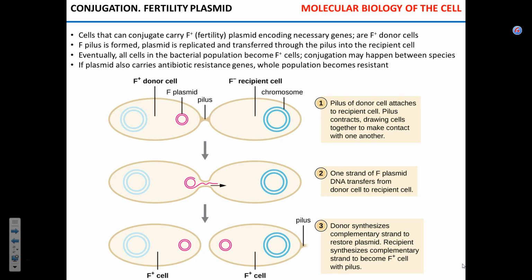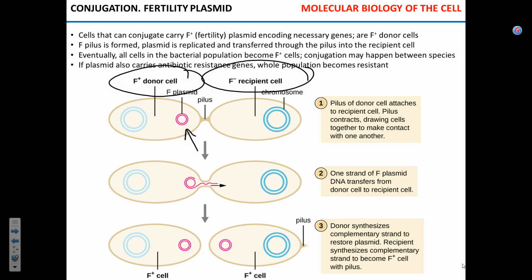So during conjugation, you have two cells, fertility positive, the donor cell, and fertility negative. F stands for fertility, and actually it's the fertility plasmid. That means this plasmid has the capacity to transfer itself from the F positive to the F negative cell.